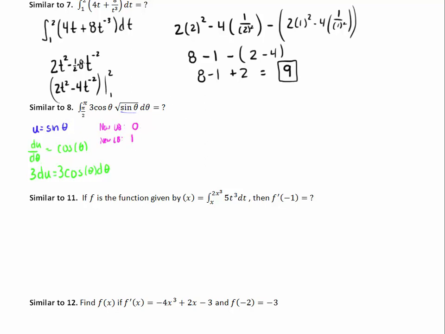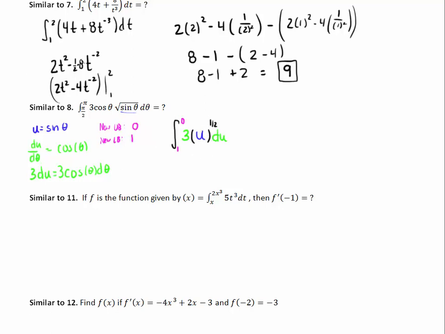So we've got the integral, new lower bound is 1, new upper bound is 0. 3 cosine d theta goes away and gets replaced with 3 du. Here we've got the square root, I'm going to change that to exponent 1/2. Okay, and inside is my u.